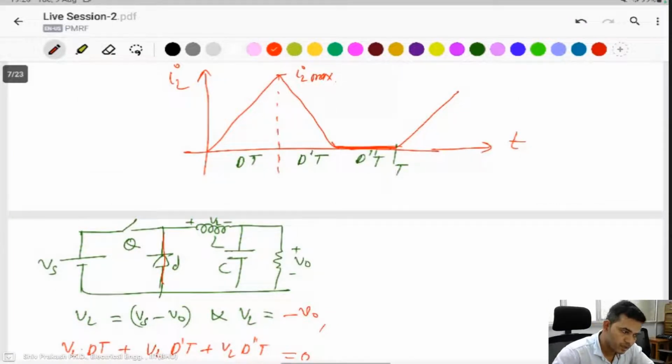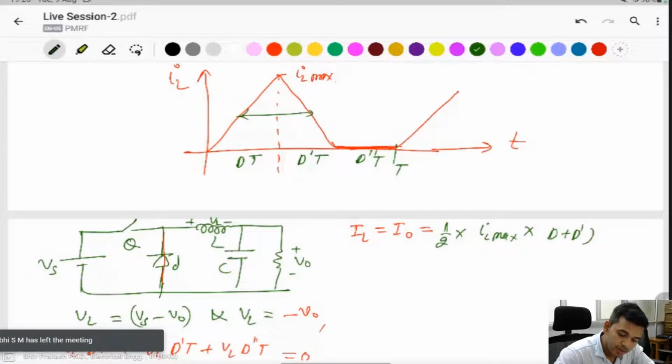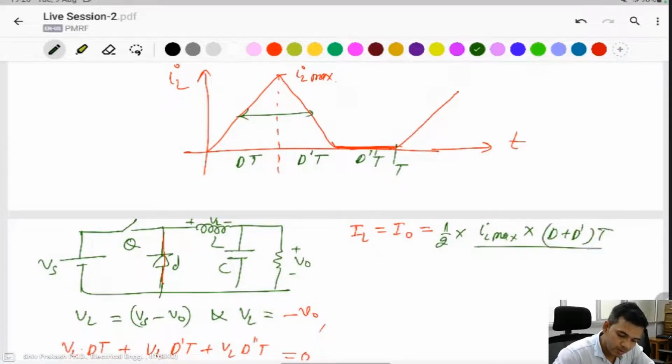After that, you know the average inductor current is equal to the output current. Then in this triangle, you find the average. This means half into the peak current, or height of the triangle, IL max, into total time (d plus d dash) T, divided by the total time period T. They cancel out.